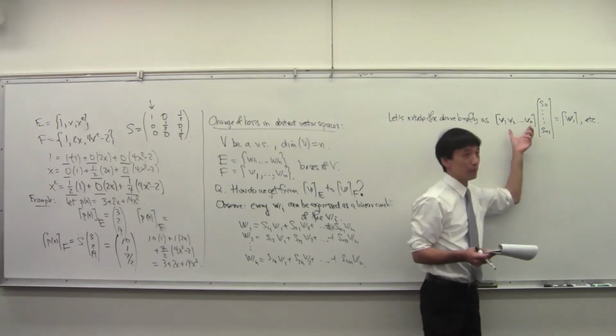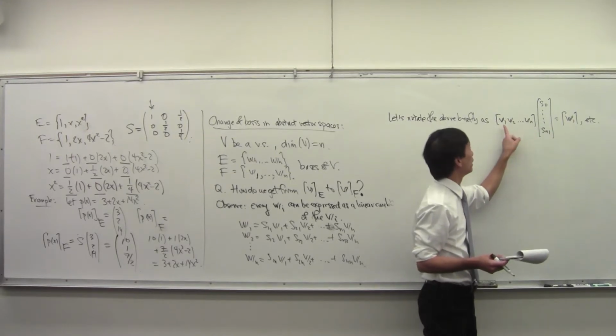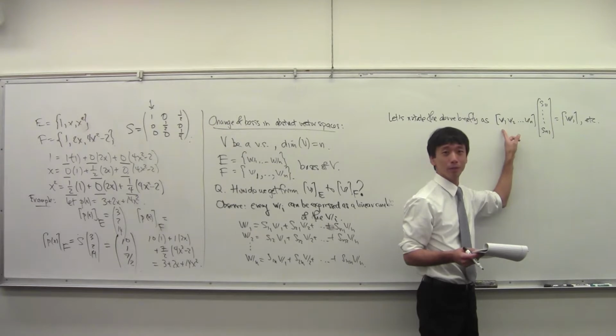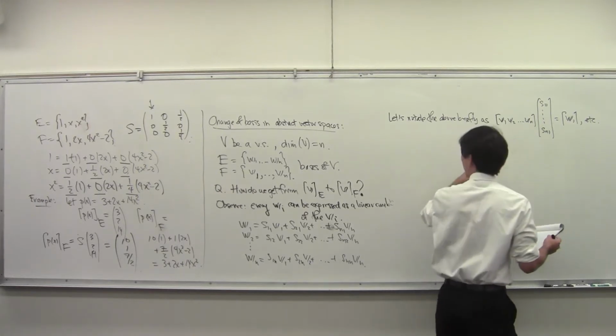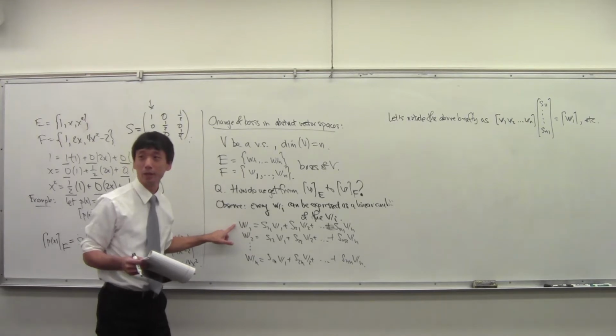Now, this isn't exactly kosher, in the sense that these are not numbers, these are vectors in our abstract space. So just think of this as an abbreviation for this equation here.